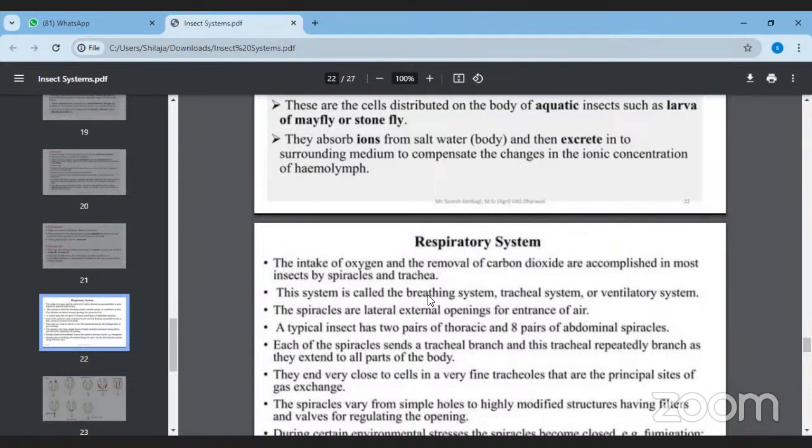Plastron, when the insect is submerged, is a thin layer of gas held firmly in place by tiny hydrofuge hairs.